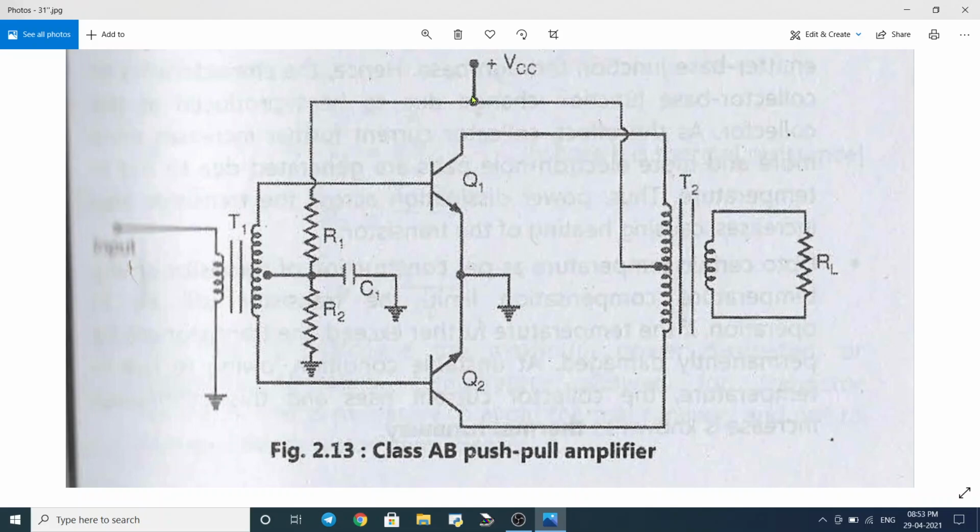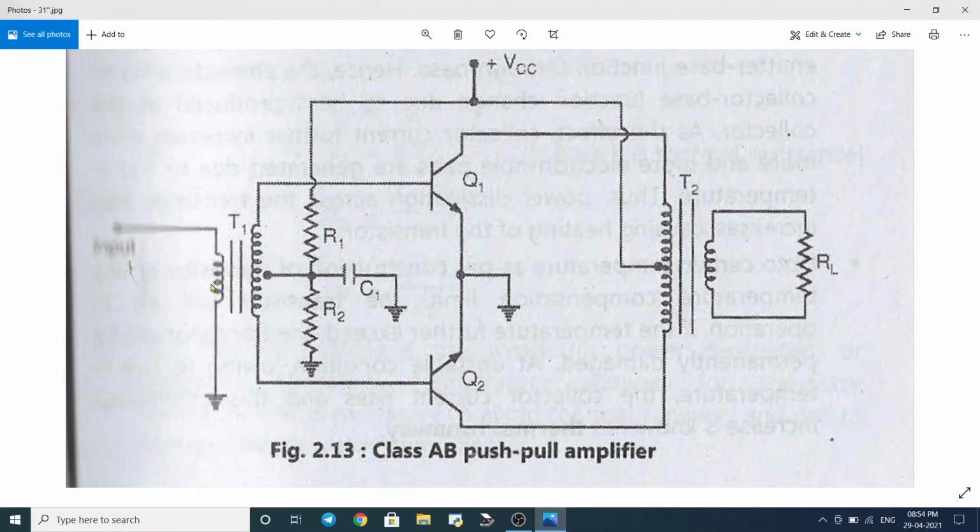This little forward bias means a small DC voltage, derived by using this voltage divider of R1 and R2. Here from plus VCC we have R1 and then R2. So the voltage across R2 is given on the base of transistor Q1 and base of transistor Q2, so that they will operate in class AB mode of operation.